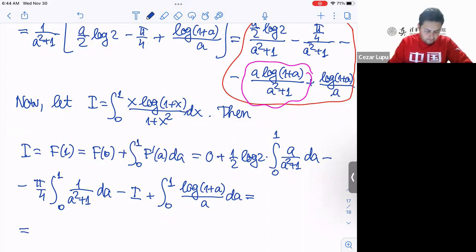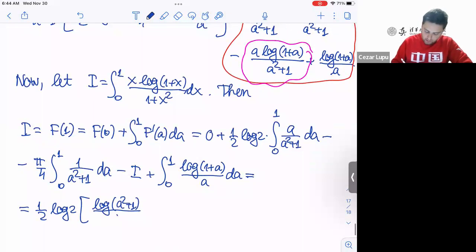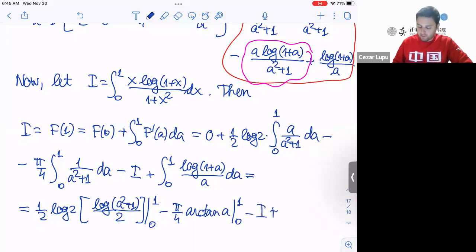So this would give us 1/2 times ln of 2 times ln of a squared plus 1 over 2 from 0 to 1, minus pi over 4 times this integral, which is arctangent of a, from 0 to 1, minus I, plus this last integral here. Let me write it, and then I'm going to say it at the very end.